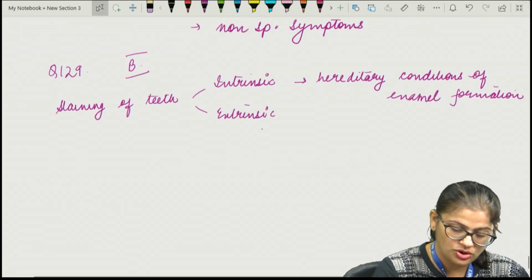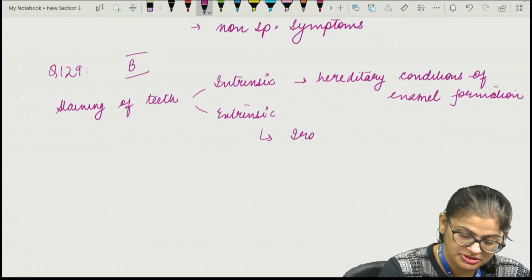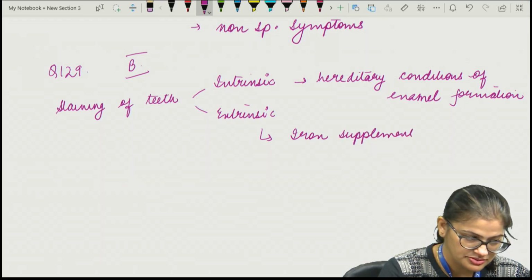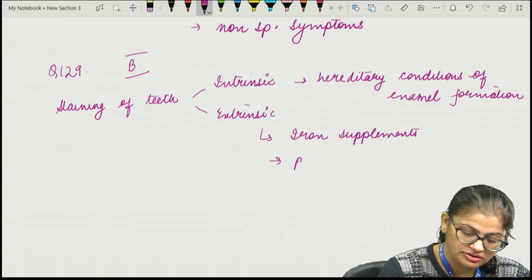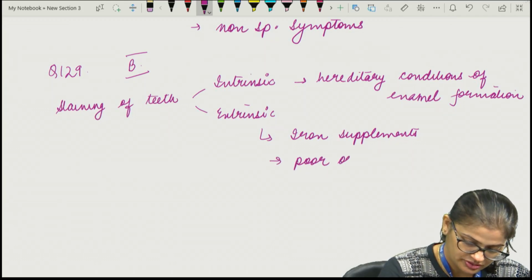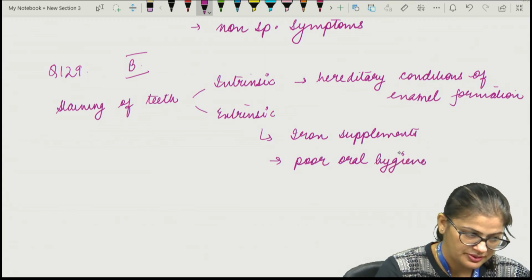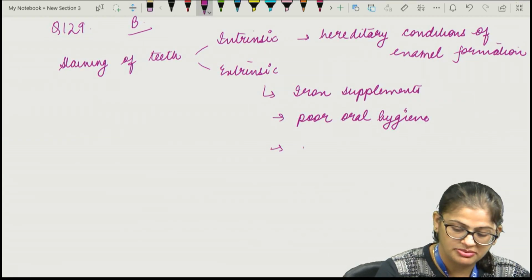And the extrinsic causes include iron supplements, poor oral hygiene, or abnormal food habits.